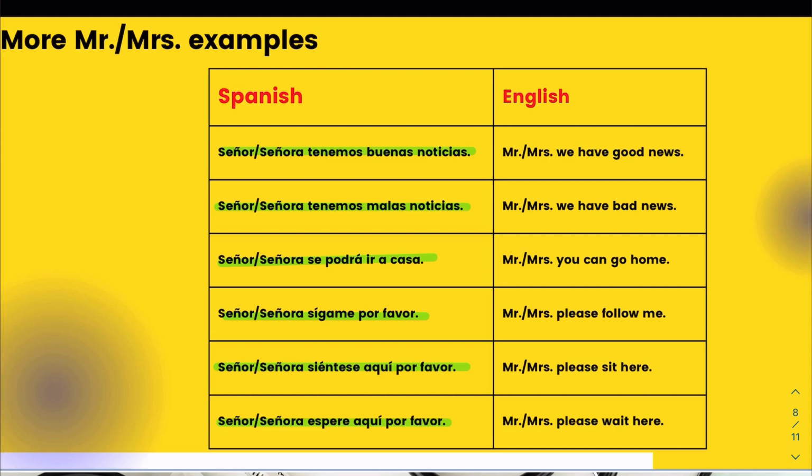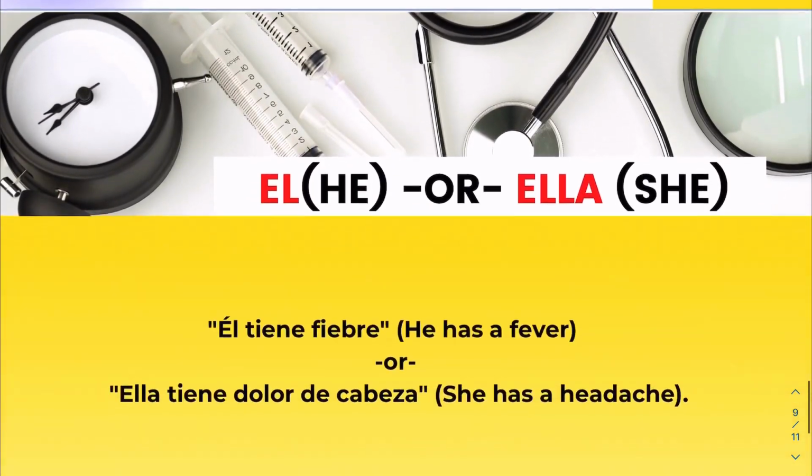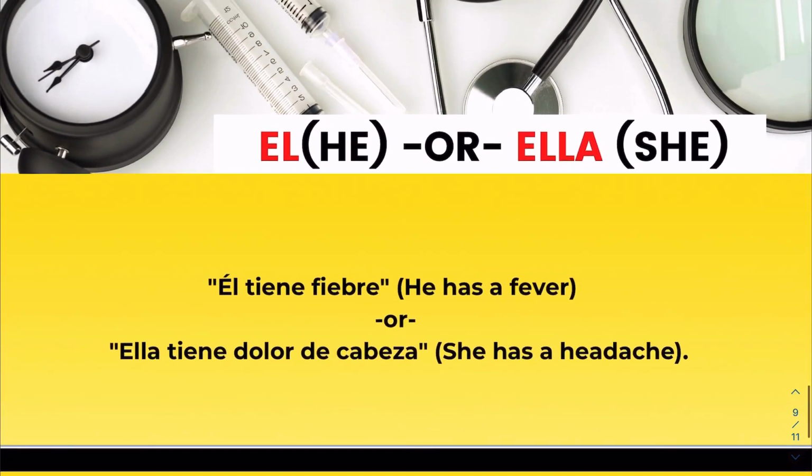Very useful information. So now let's explore some medical examples to better understand how these pronouns are used in a healthcare setting. Let me give you an example of él and ella. When discussing a patient with a family member, él tiene fiebre is an example. He has a fever. Or ella tiene dolor de cabeza. She has a headache.